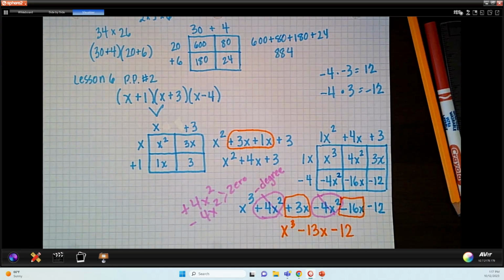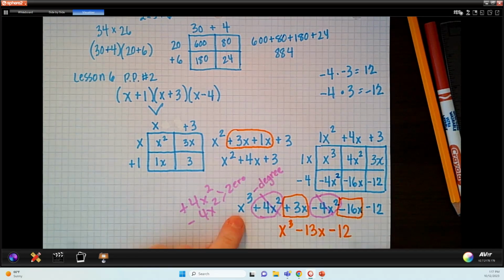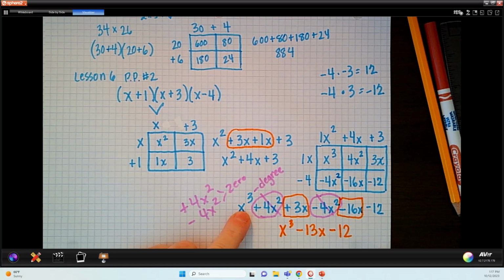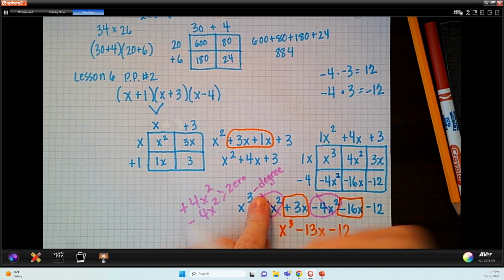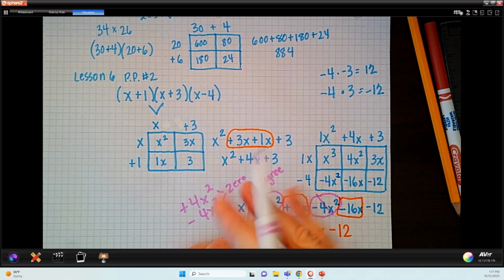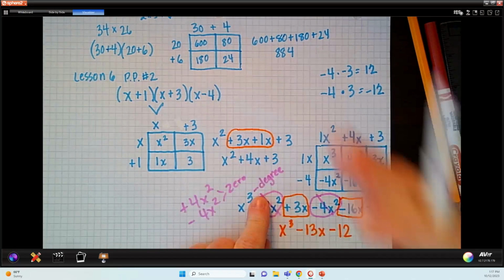And again, as you're solving the problem, also think about your graphs, okay? So now in my mind, I'm saying to myself, okay, I know that this is the leading coefficient. It's positive, it's a 1. I know I'm going to have 3 degrees, right? So if I'm thinking of my graph, it's going to be like up, down, up. There's going to be three kind of flows to it.